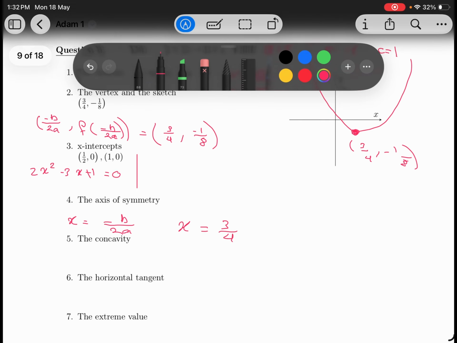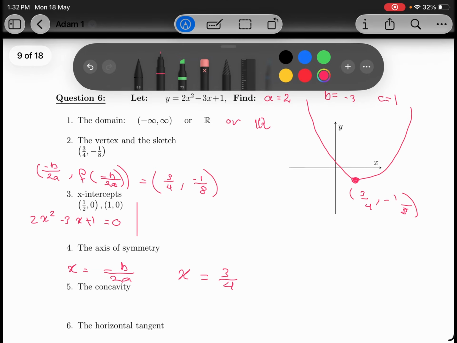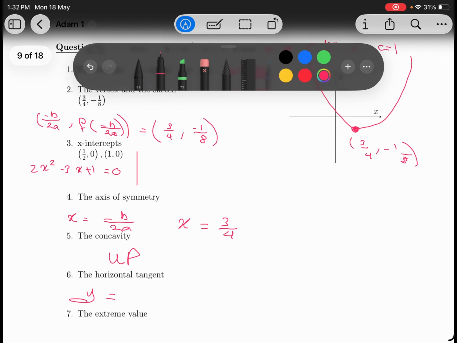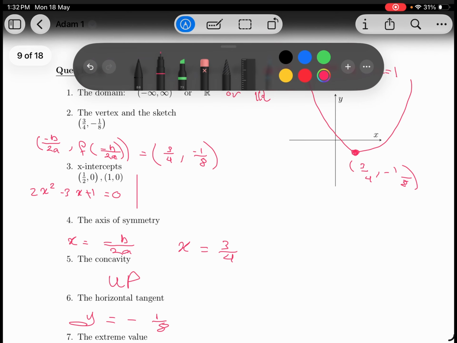And here concavity, as long as a equals 2, more than 1, so it's concave up along its domain, and the only horizontal tangent is y equals the y-coordinate of the vertex, which is -1/8.